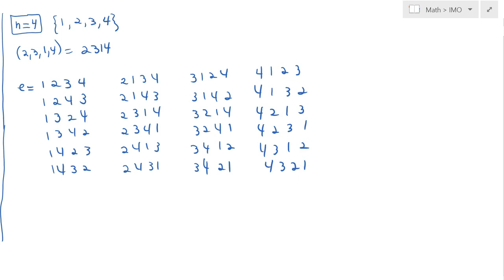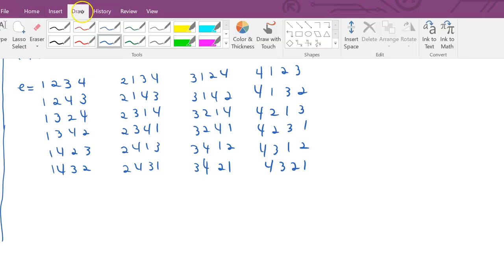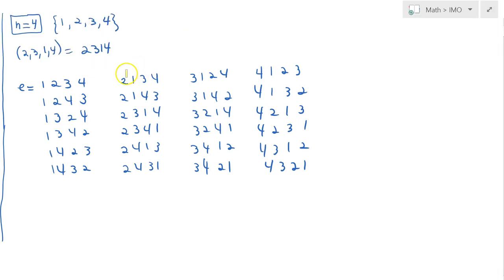Okay, so let's identify the fixed points in this picture. Obviously this is a fixed point, that's a fixed point. This is fixed, this is fixed, those two are interchanged, they are not fixed. Let's first focus on the ones which fix the 1. That's easy, and all the other permutations start with 2, 3, and 4.